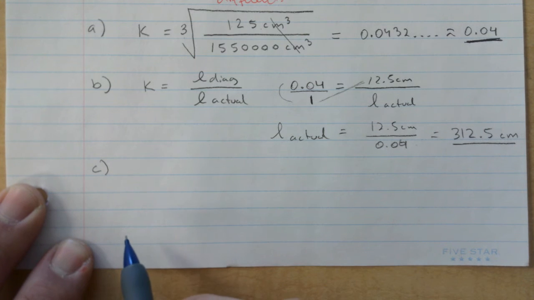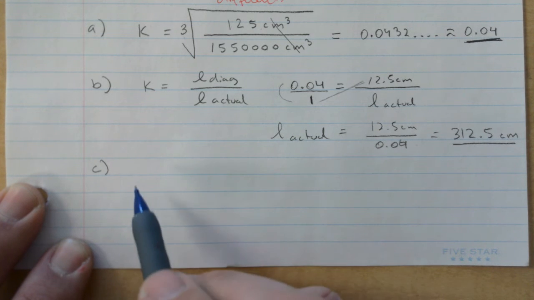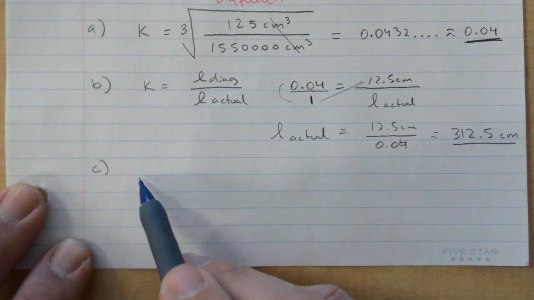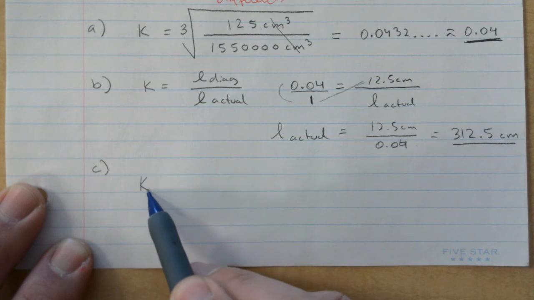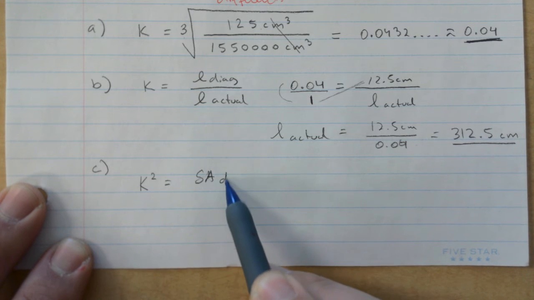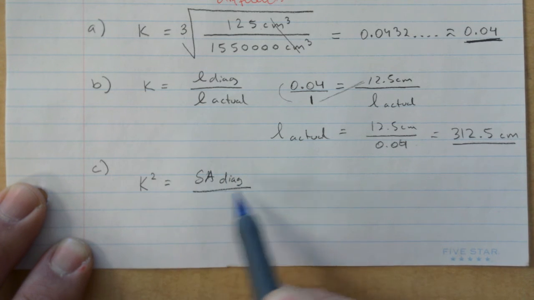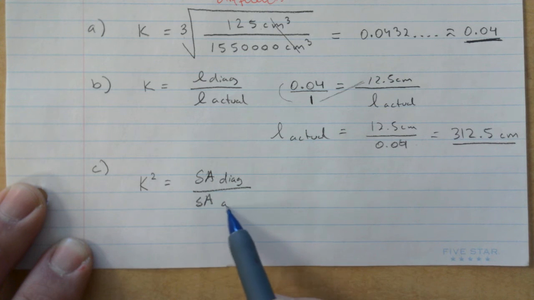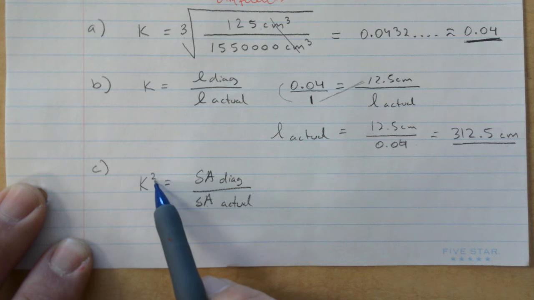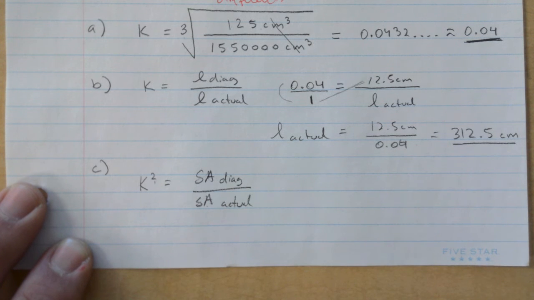C, calculate the surface area of the actual car. Again, if you're not sure, we're talking surface area. So you know that K squared is surface area of diagram over surface area of actual. And because it's areas, I make sure that my K has a square on top.